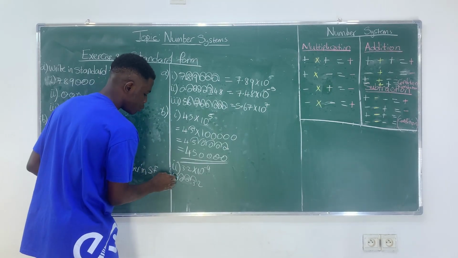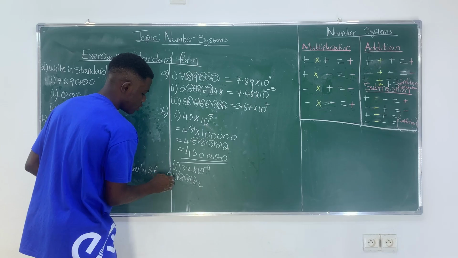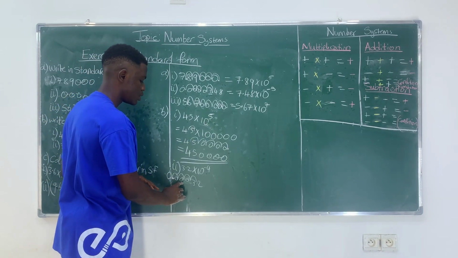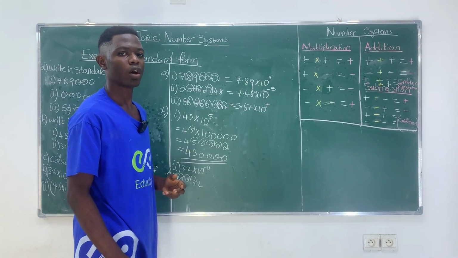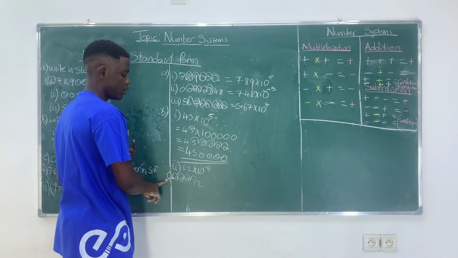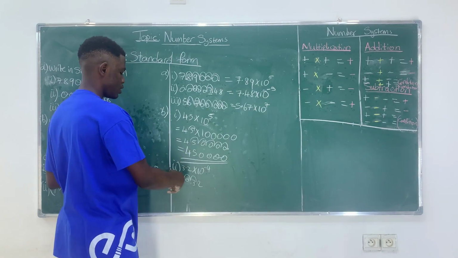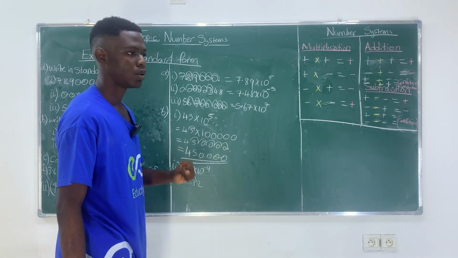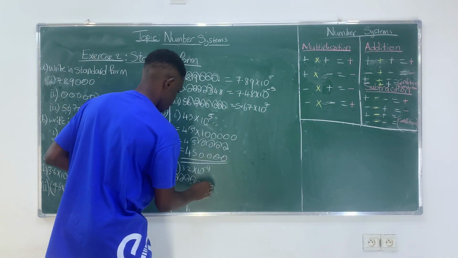Since there's nothing in front of the decimal point, I have to put a 0. I could leave it like that as 0.00032, or to make it more standard, I put a 0 here because there's actually nothing in front of the decimal point.